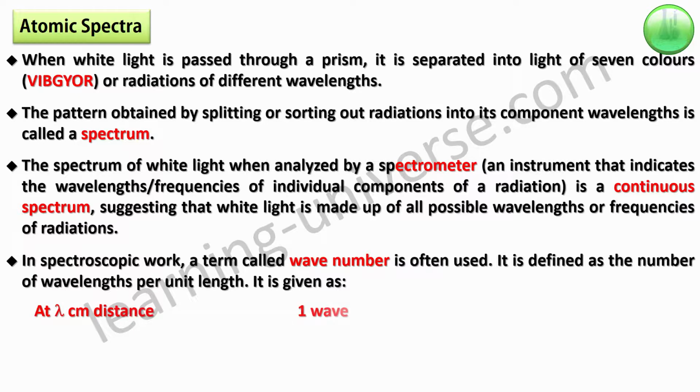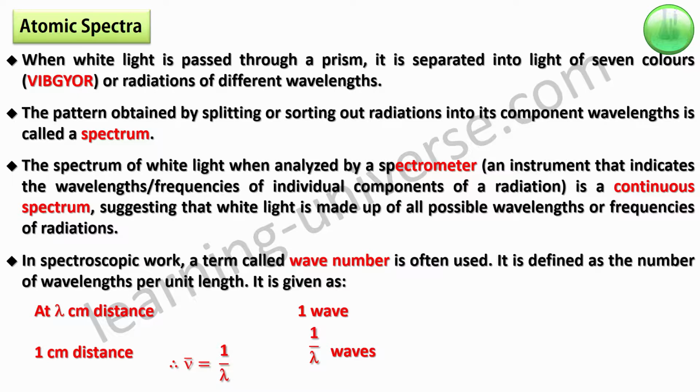If the wavelength is lambda, in centimeters, then at lambda centimeter distance you get 1 wave, because 1 lambda is equal to 1 wave. So what would be the number of waves in 1 centimeter? It would obviously be 1 by lambda waves. So the wave number is 1 by lambda.